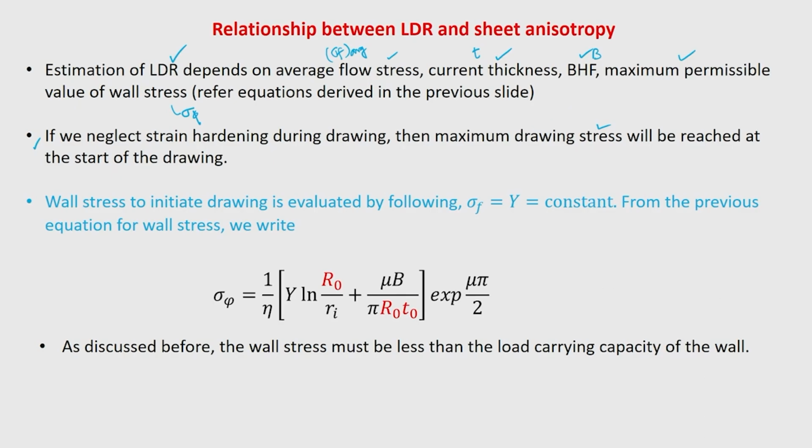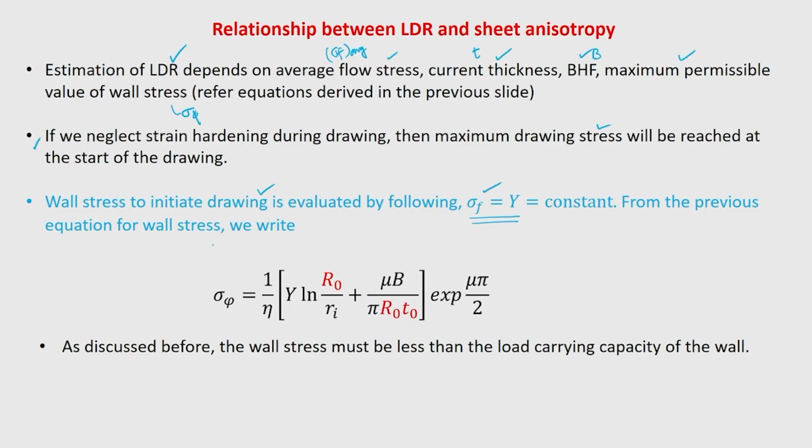Now, we are going to put a condition, wall stress to initiate that drawing. Suppose if you want to initiate the wall stress, what will you do? The simplest choice we have is sigma f is equal to Y, which is becoming a constant, where Y is our initial flow stress or yield strength, you can say. So, the wall stress at the start of drawing can be obtained by putting sigma f equal to Y, which is a constant, in the previous equation.